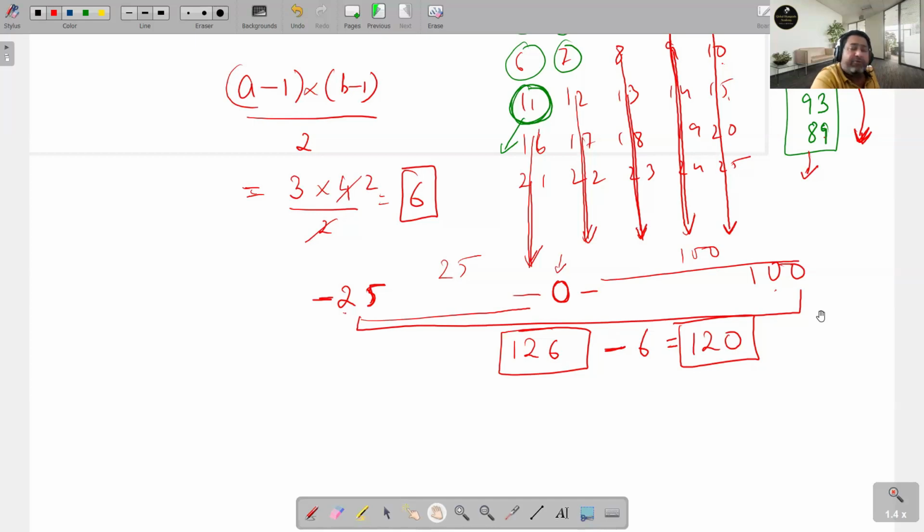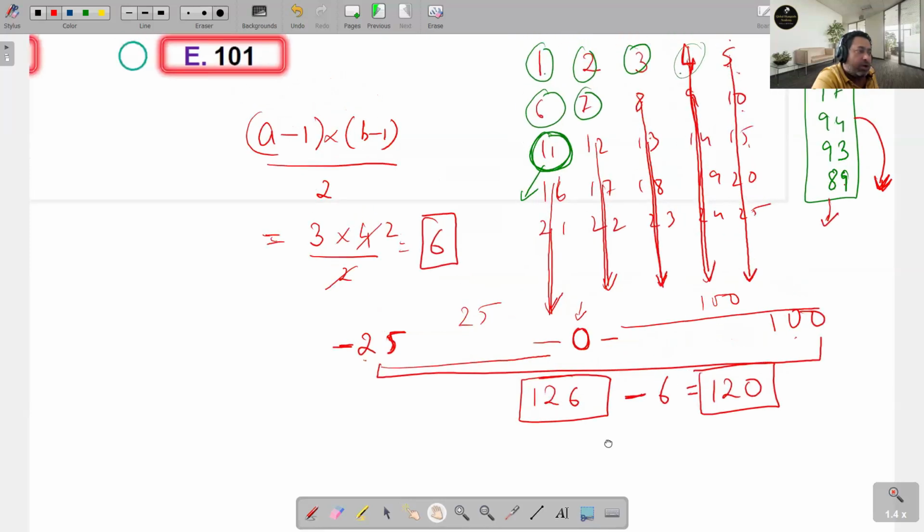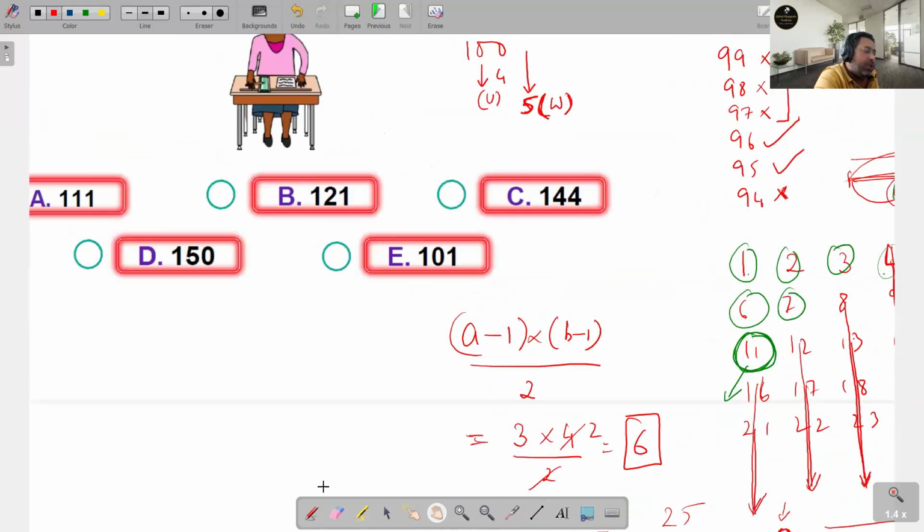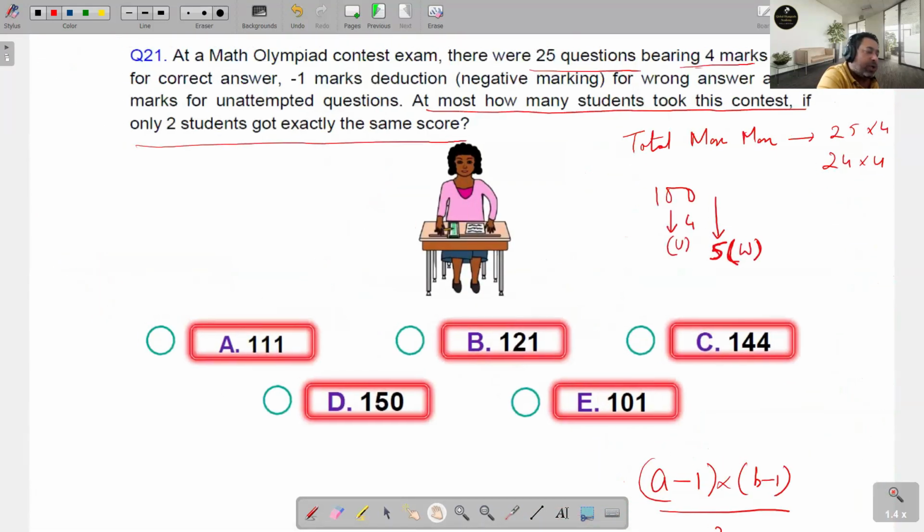Now the 121st student, if he has to get a score, it will be out of these 120 scores itself. So that will be a repeat, correct? And therefore, if only 2 students got the same score, the maximum number of students will be 120 plus 1, which is option B, 121.